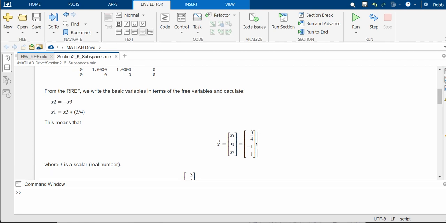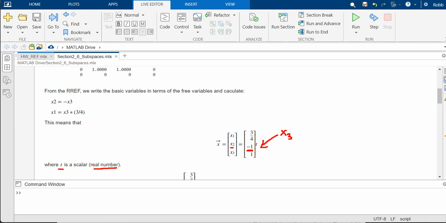That's why the negative is here in the second component. And remember, we're replacing x sub 3 with t.